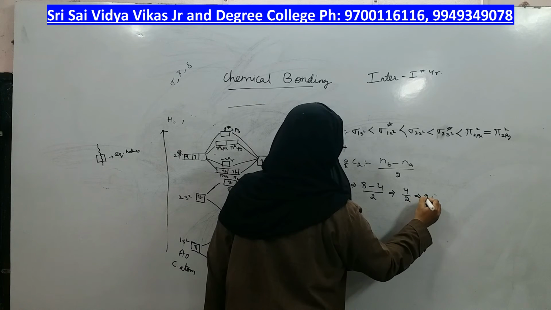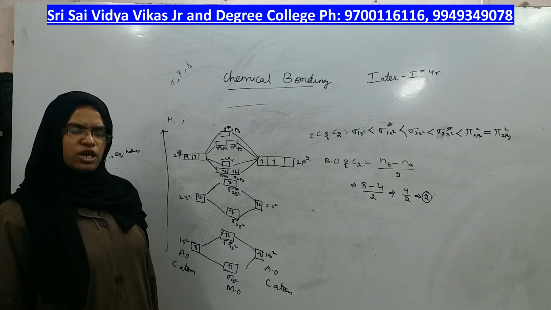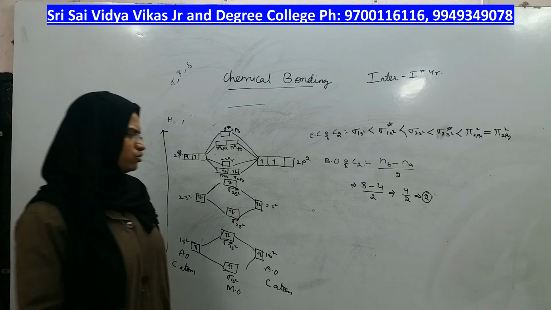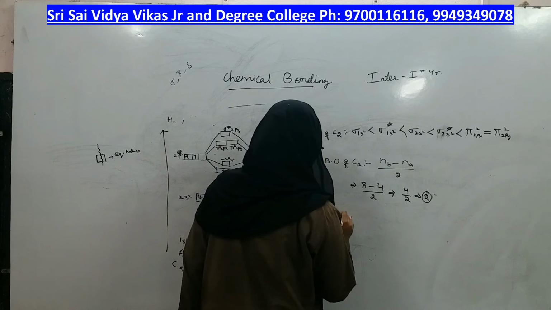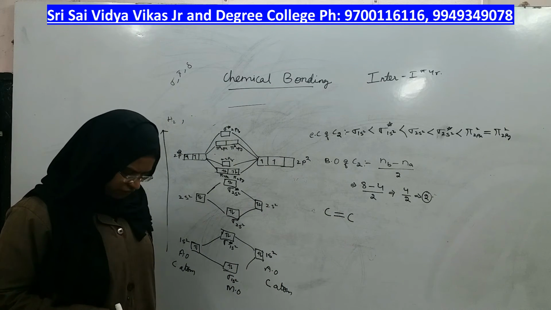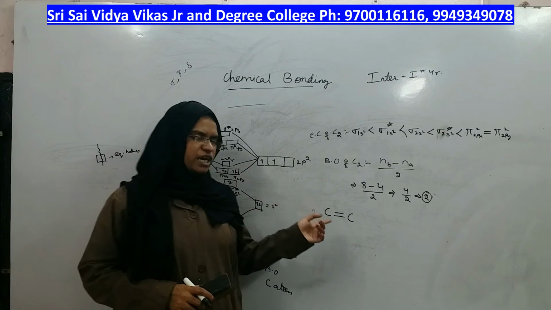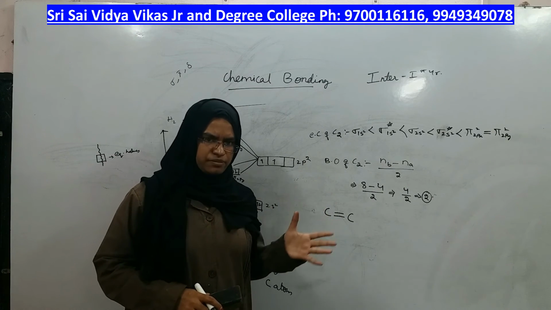So the bond order is 2. That means in the carbon molecule, how many bonds are present? 2 bonds. This is the bond order of the carbon molecule, in which 2 carbons are having a double bond between them.